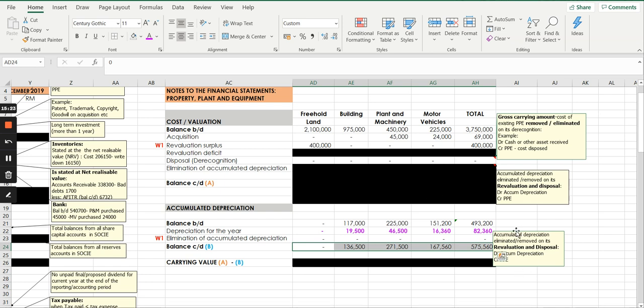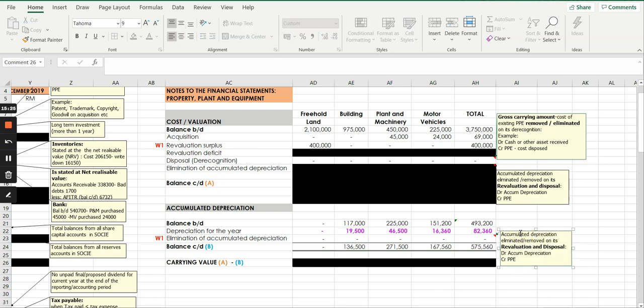So if you can see in my little notes here, if you have any accumulated depreciation that you will remove, meaning anything that you need to deduct, I put here less. That one will be from the revaluation exercise, as well as any derecognition or disposal, but in our case none, right? So we include only the depreciation. We are done with the balance for our accumulated depreciation.